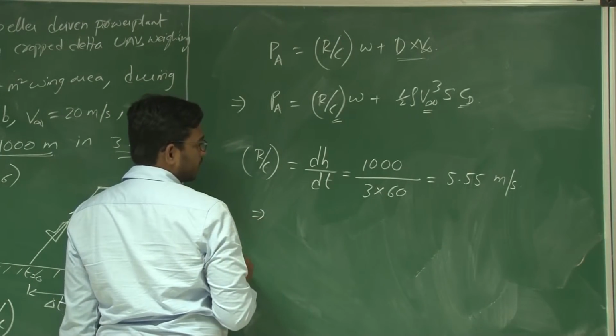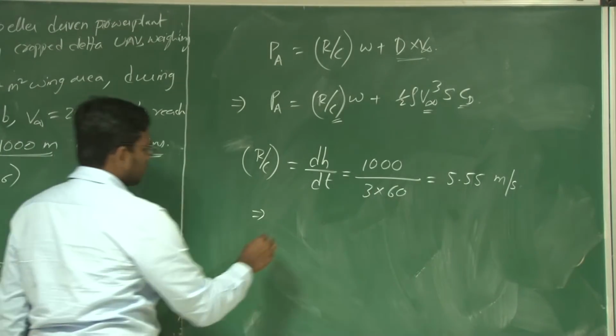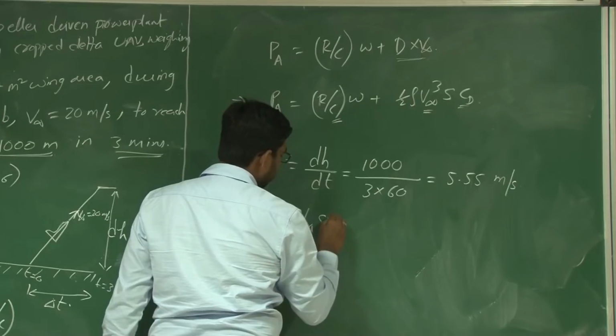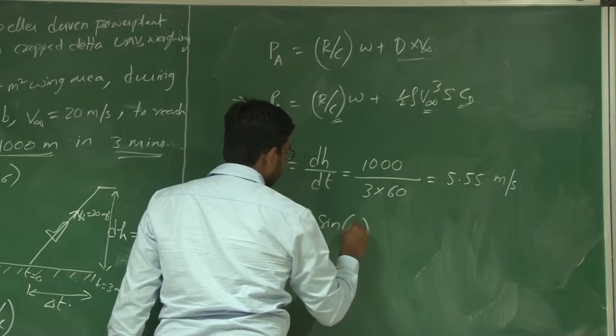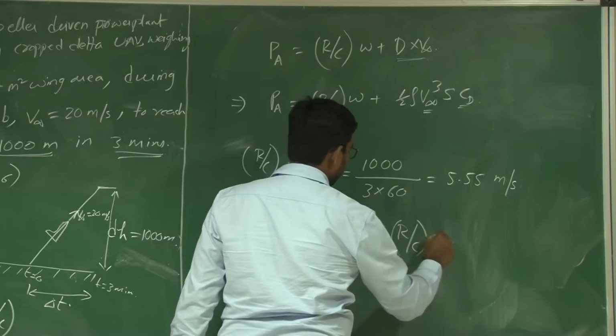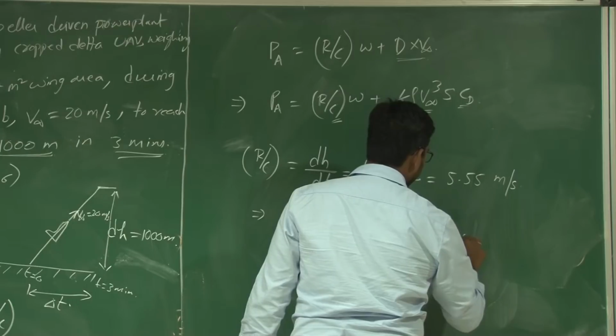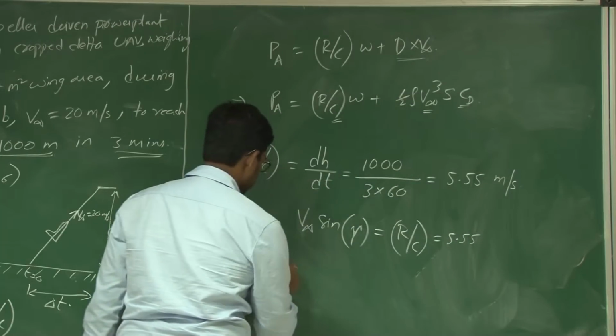So from here, can we estimate what is the climb angle? Since we know rate of climb is V infinity sine gamma, which is equal to rate of climb, right? So this equals 5.55 meters per second.